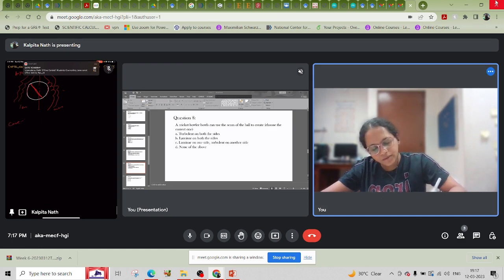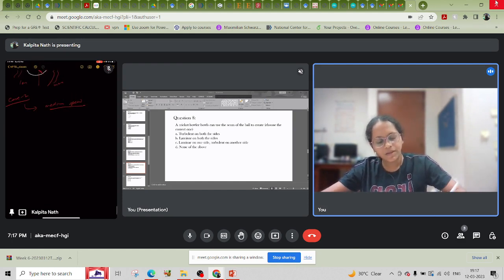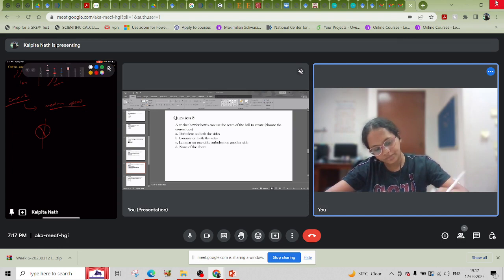Now case 2, that is for medium speed. For medium speed, this is the ball, this is the seam, this is the vertical direction. This is the rough surface, this is my smooth surface.